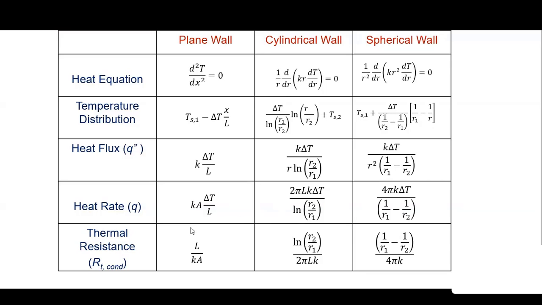For solving numerical problems, this is important because we are interested in finding the individual values of the thermal resistances, and using those in series and parallel we can find the network or total thermal resistance, and using it along with the total temperature difference, we can find the rate of heat transfer. That makes things simpler and clearer.